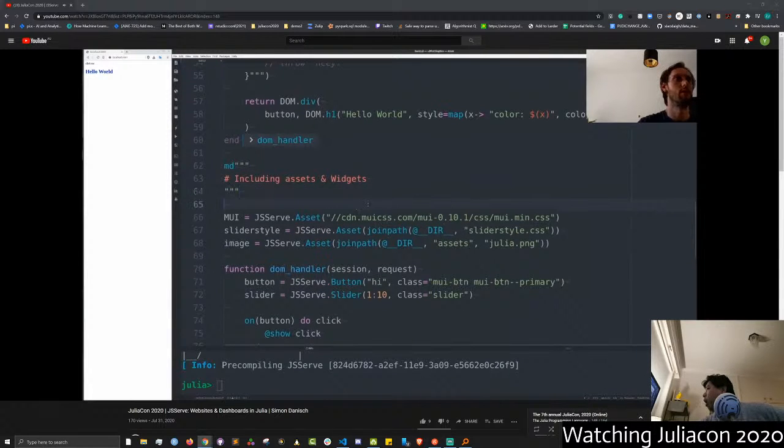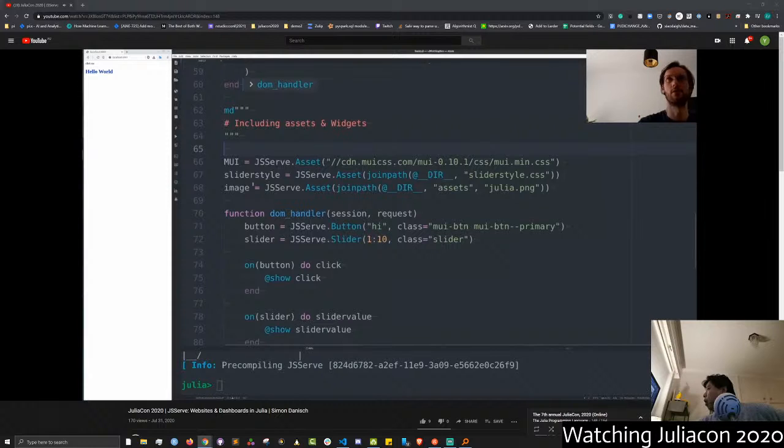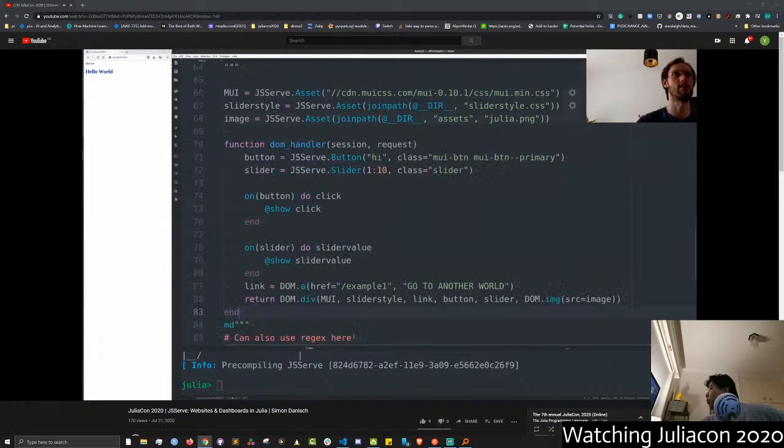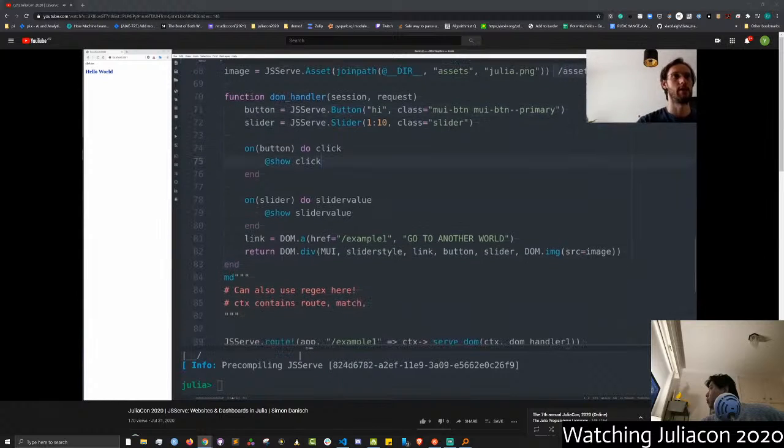Now, you can also include existing JavaScript libraries or CSS styles. So for example, here I have a couple of CSS libraries, the MUI library, for example. I've written a little slider style example, asset, and some image, and you can include them all as assets. And run this here.